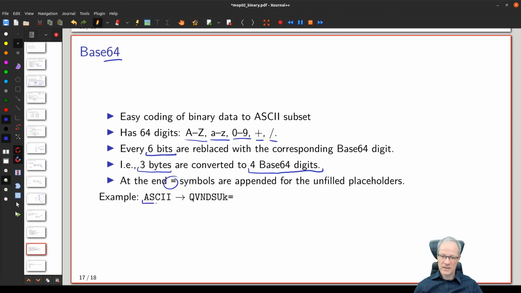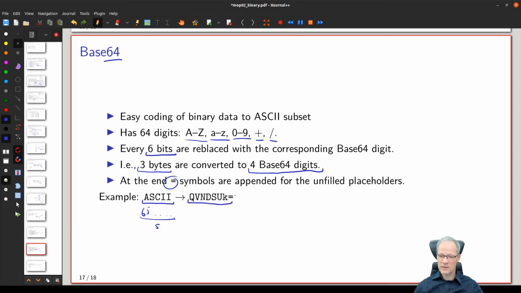So therefore, if we take this string, these 5 bytes, A is 65, and so on. So we have 5 bytes here. We treat this as a binary value, then we can write it down using base 64 encoding.